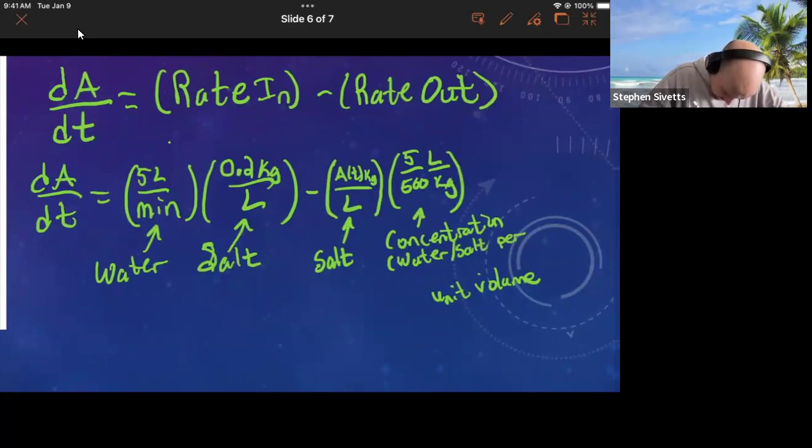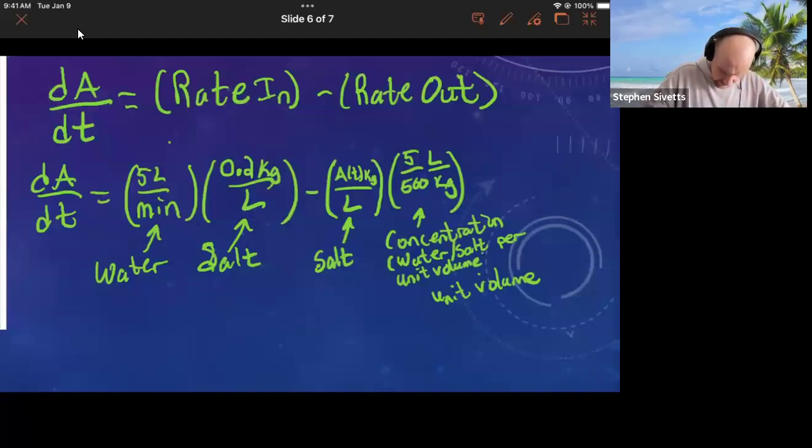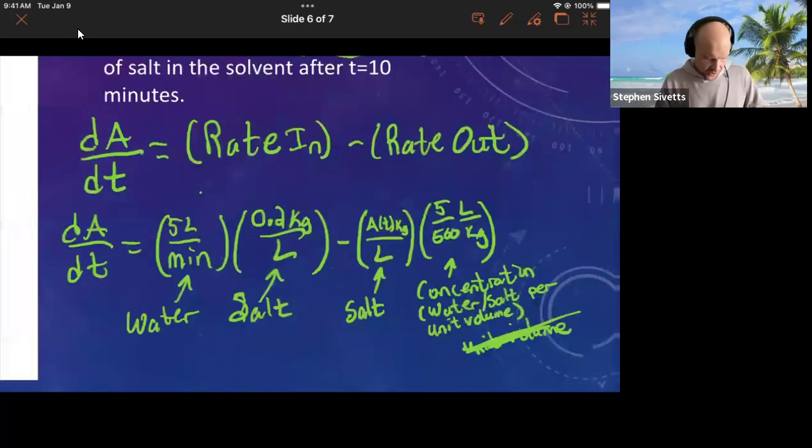Water and salt per unit volume. Okay, that's what I meant. All right, so that unit is called the concentration.